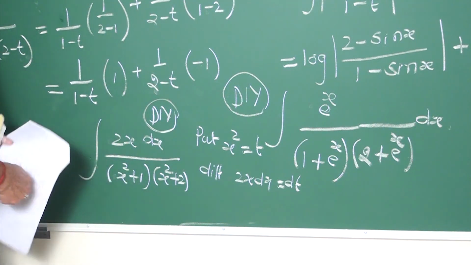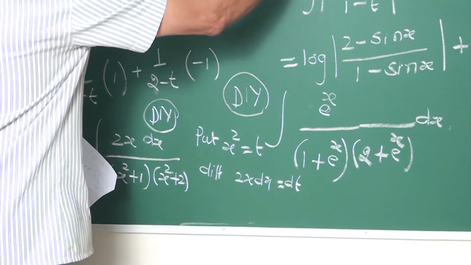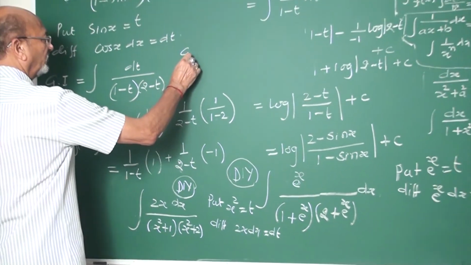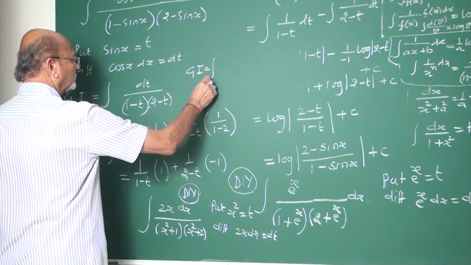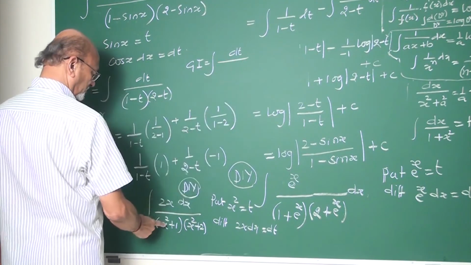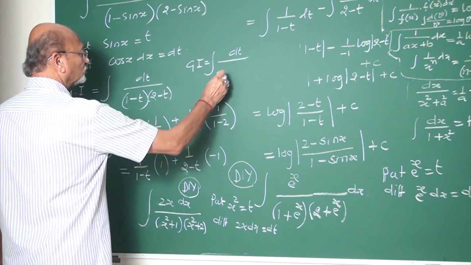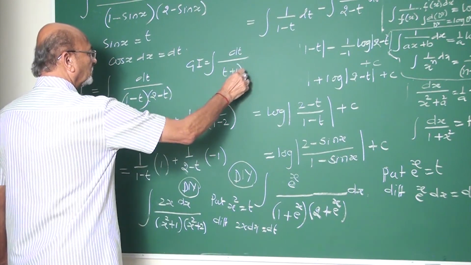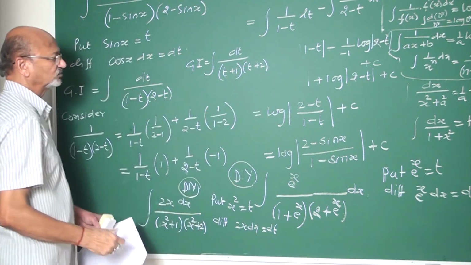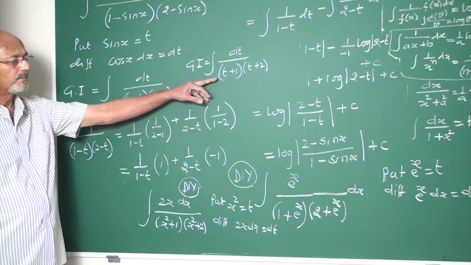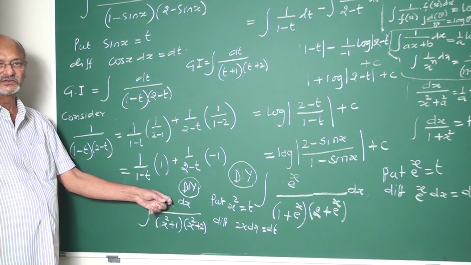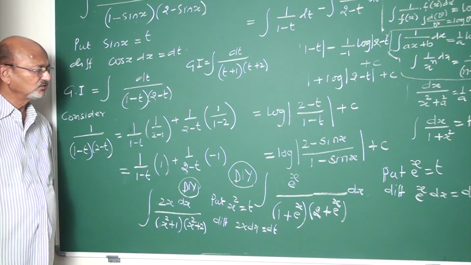Then the given integral becomes dt upon (t plus 1)(t plus 2). Once again, you can use the partial fraction method. You can evaluate this at home.